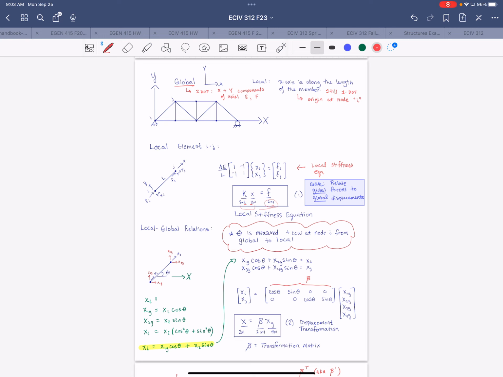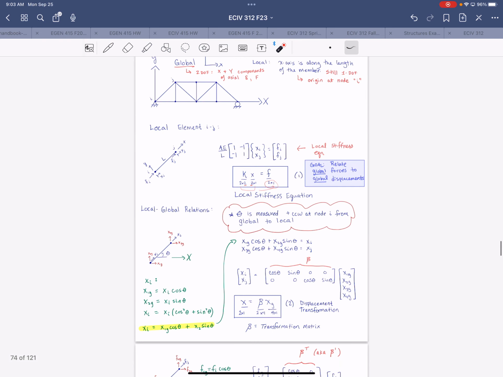So we use our global X and global Y, and then we had to go through this process of transforming the geometry of the displacements and forces. So we break them down into global X, global Y components for our analysis of the system.